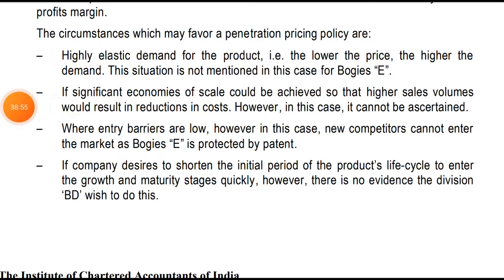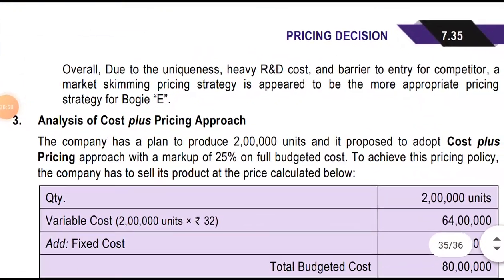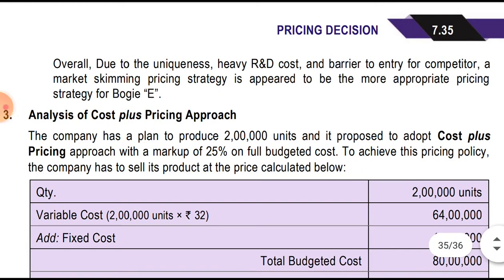So in conclusion, from the above points, overall, due to the uniqueness, heavy research and development, and the barriers to entry for competitors, market skimming pricing is the more appropriate pricing strategy for Bogie E. We cannot adopt penetration pricing because skimming pricing appears to be more appropriate.